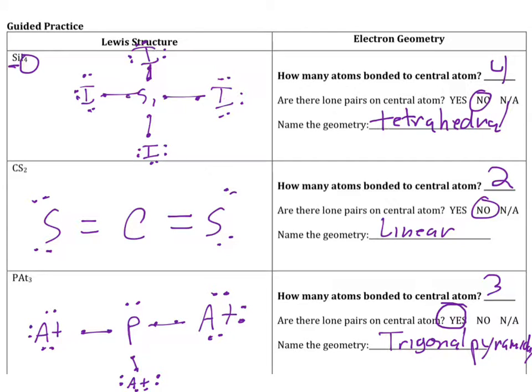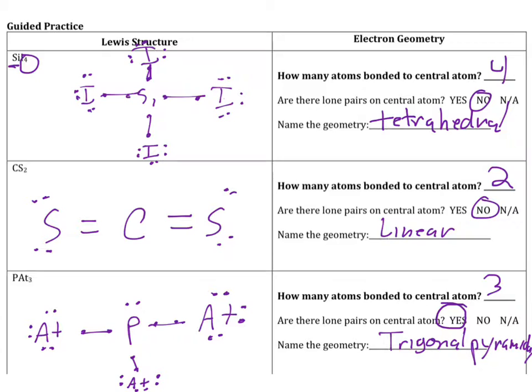All right, so there we go. So now we've got our Lewis structure there. If you take a look, there's 3 bonds on the phosphorus. Each astatine has 1 bond, and that's it. And that's all there is to it.